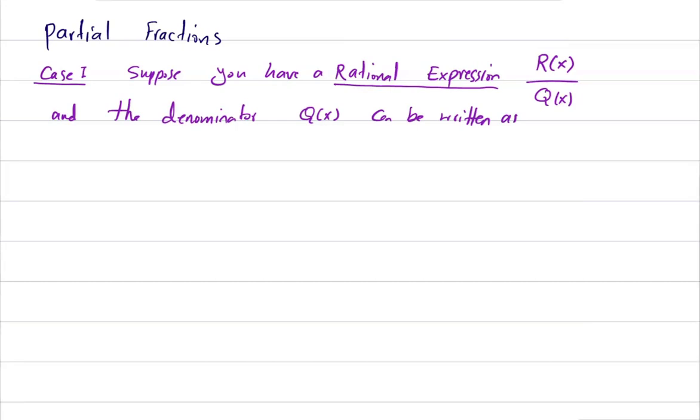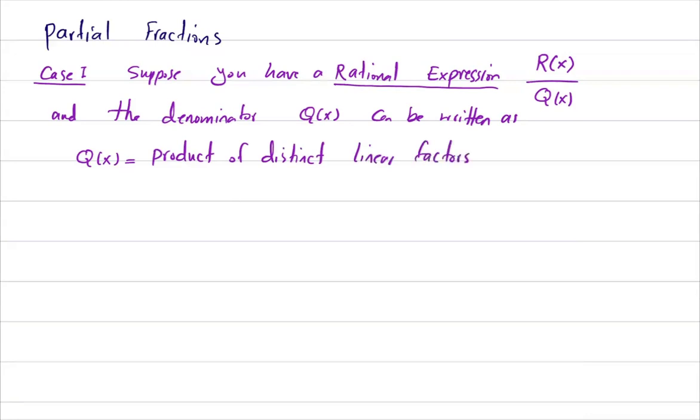Q of x, the product of distinct linear factors. What do we mean by that?